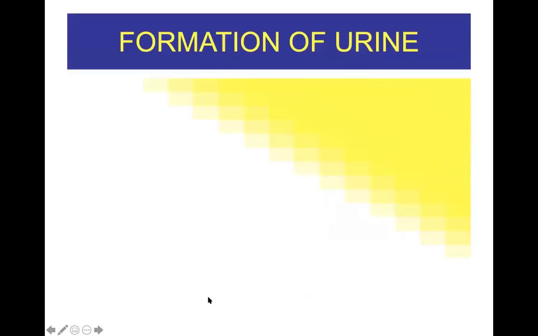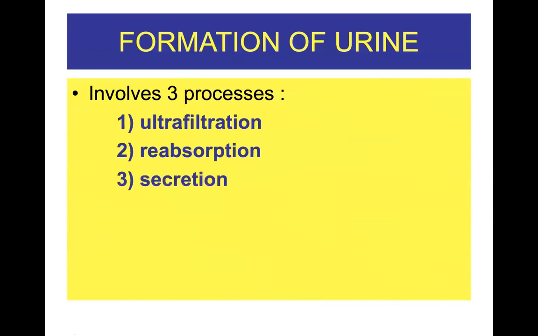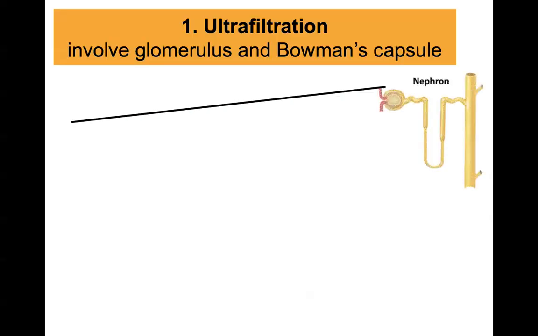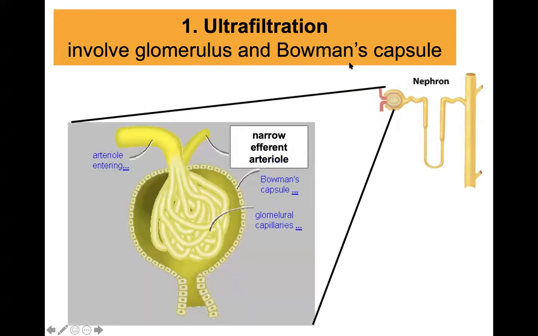So that process is called ultrafiltration, which involves the glomerulus and Bowman capsule. As I mentioned just now, the blood flows from the wide afferent arteriole to the narrow efferent arteriole, where the blood capillary is getting narrower.